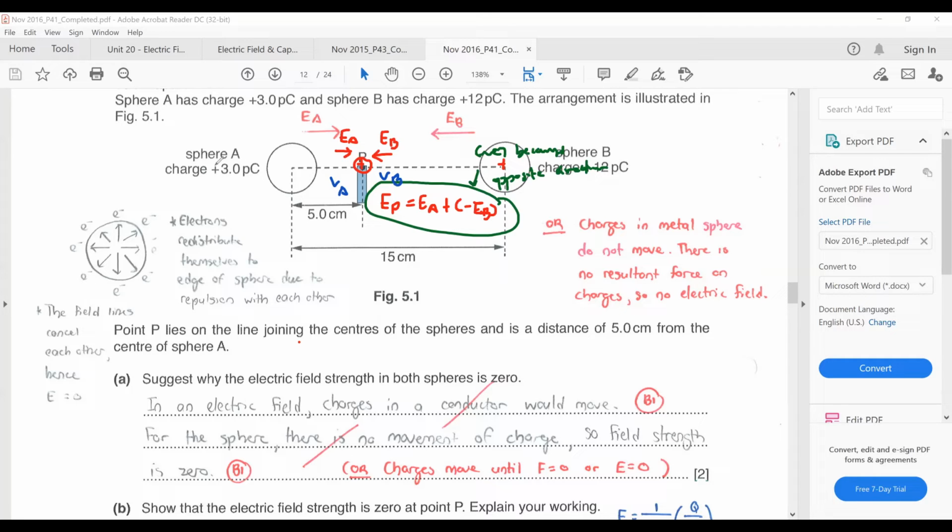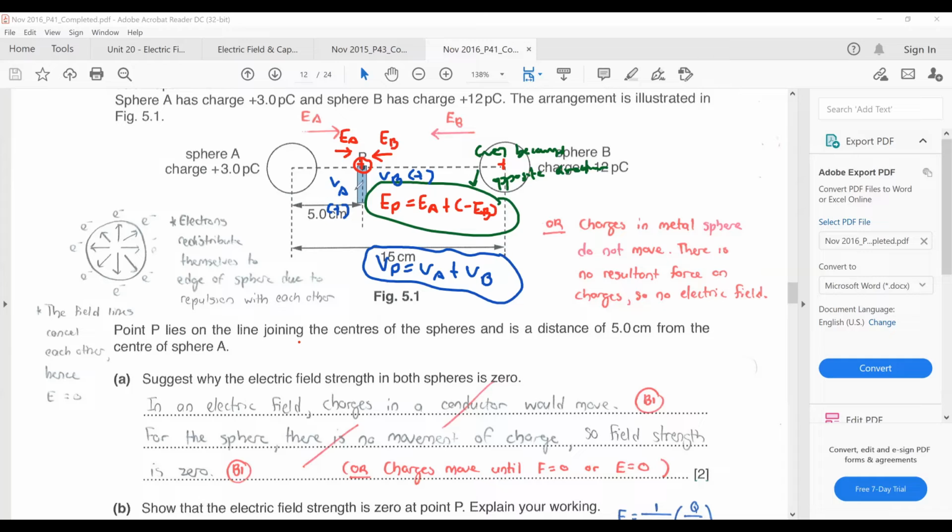Now this one, your sphere A is positive, so your VA is positive. Your sphere B is positively charged, so your VB is going to be positive. So your VP is going to be VA plus VB.